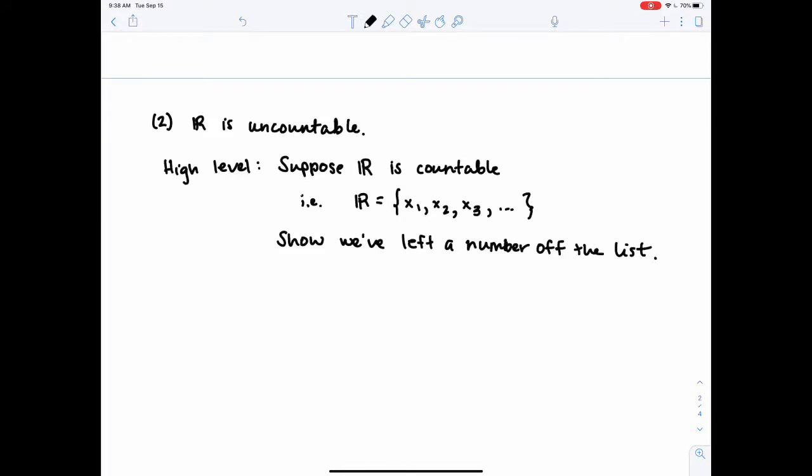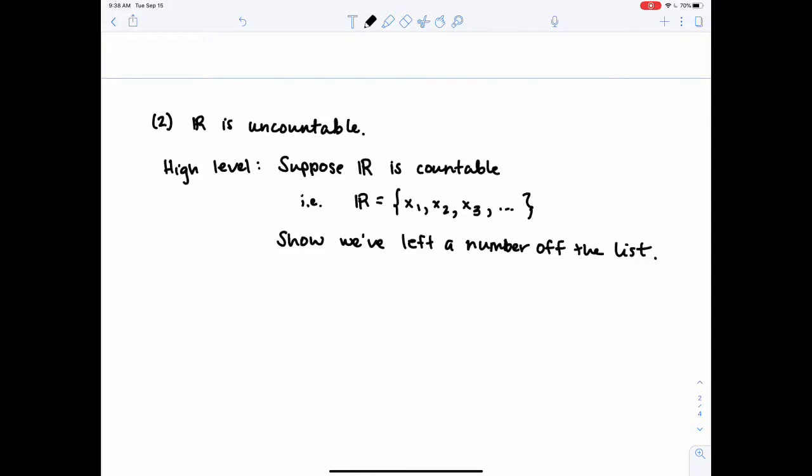That its elements can be listed or enumerated, and list them out, but then show that no matter how you list them, there's a number that's been left off that list. And in doing so, what you've shown is that any enumeration of that set, so in this case the reals, results in some real numbers being missing, meaning it's impossible to enumerate all of the elements, and that means that it's going to be an uncountable set.